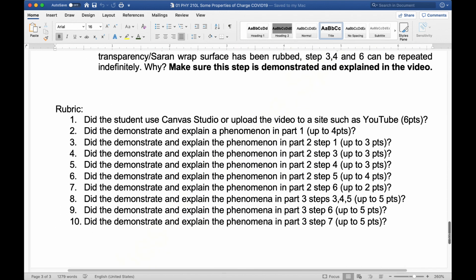I have a rubric for the experiment listed there so you understand what I'm grading on. And I will say generally, the grades on the videos tend to be higher than on the written labs. I don't expect anything fancy when it comes to making the videos.